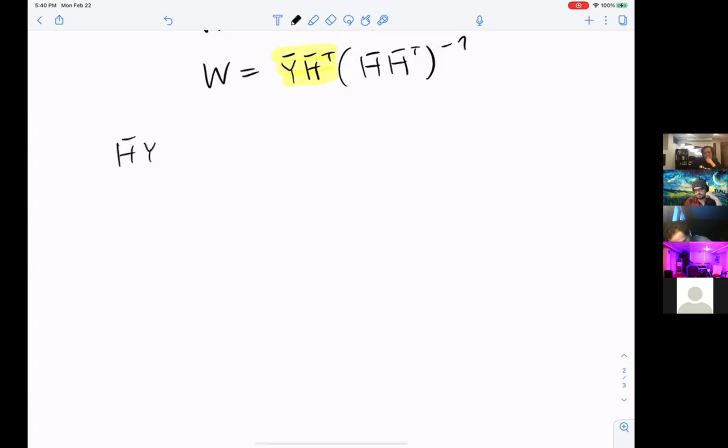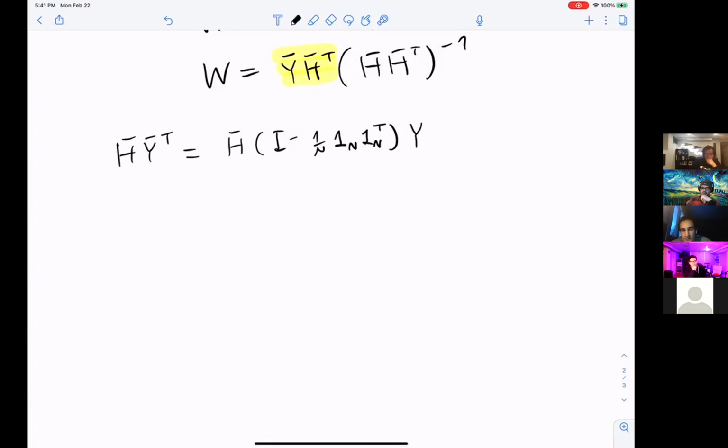I like it better. So this is the transpose. Notice that this quantity is in fact equal to H bar multiplied by identity minus 1 over n, 1_n 1_n transpose, multiplied by Y. Why is that correct? Does anyone know what this even means?